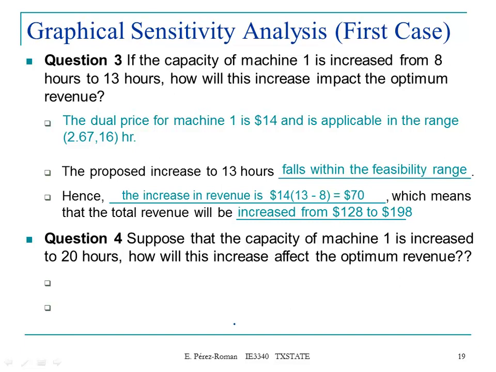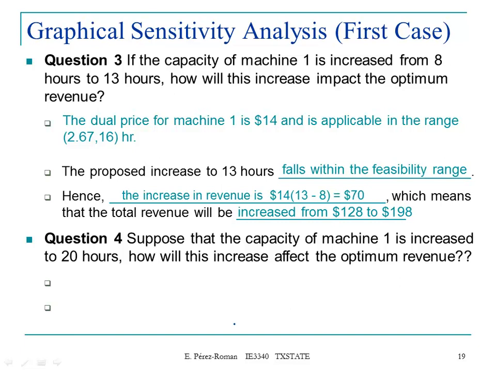Okay, so again, that's why you need to find out those lower and upper bounds for the dual price, because in the case, instead of being 13 hours, if that were 19 hours, then you know that 19 hours is not within this range. So your dual price will be different.